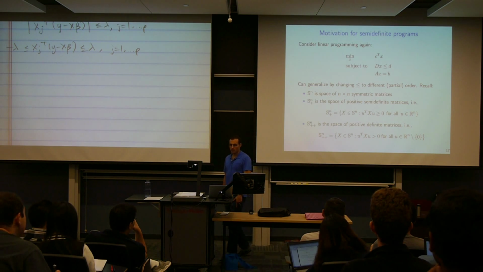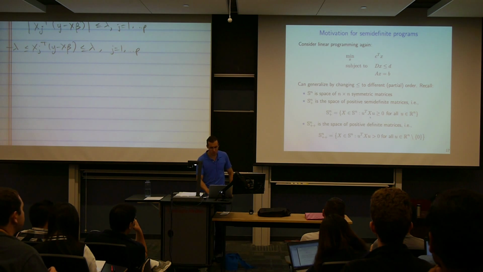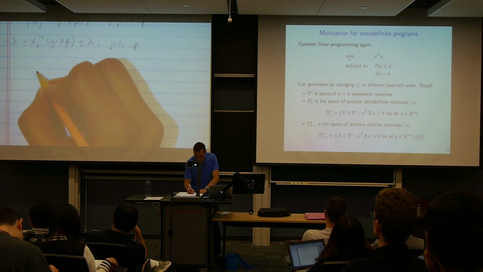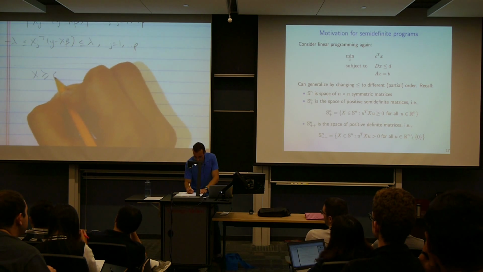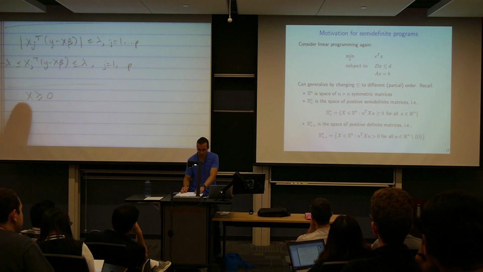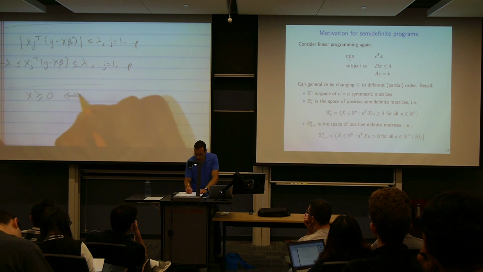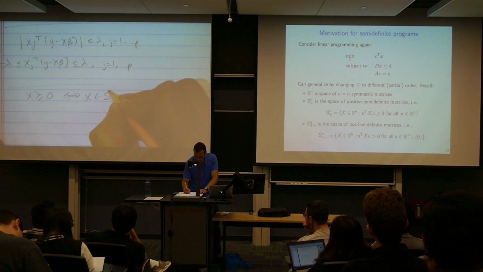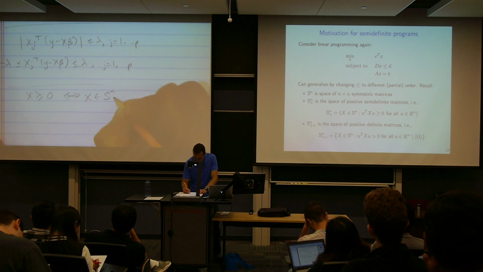So that's a semi-definite matrix, recall, which we write as x squiggly bigger than or equal to 0. That means that x is an n by n positive semi-definite matrix.